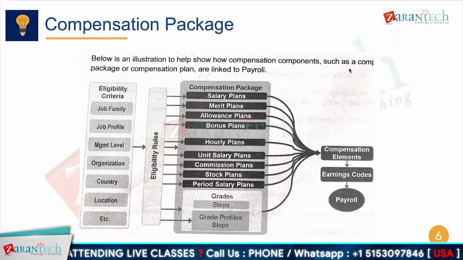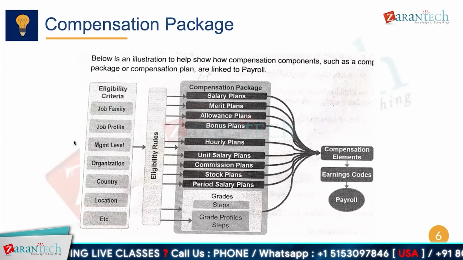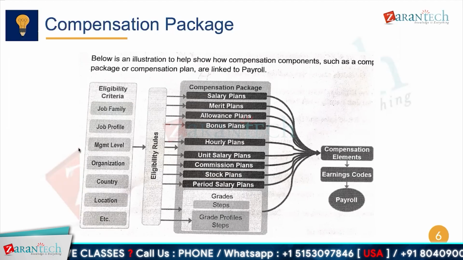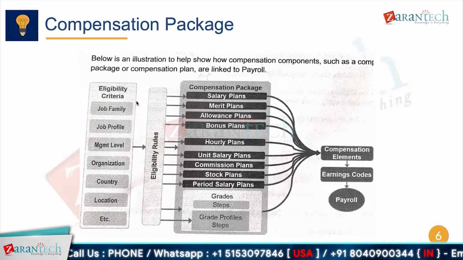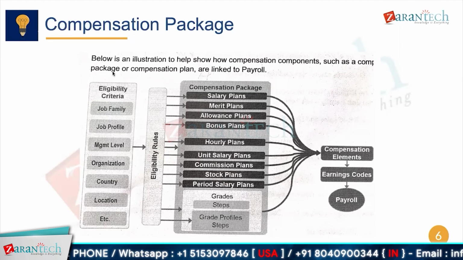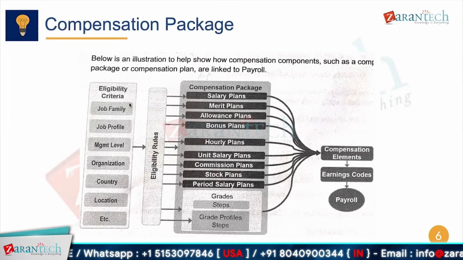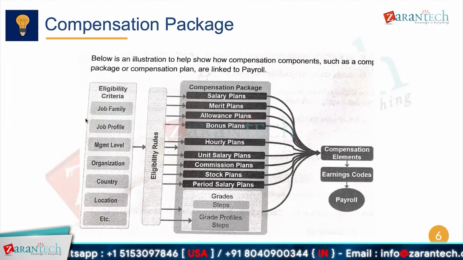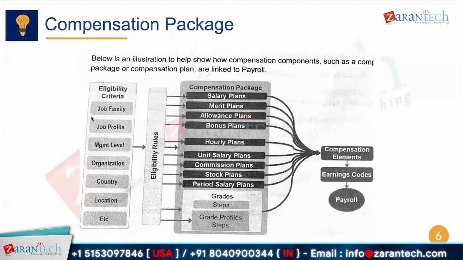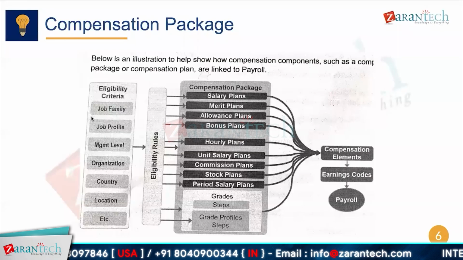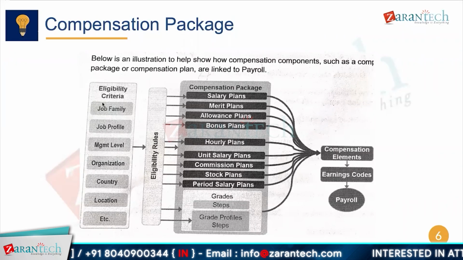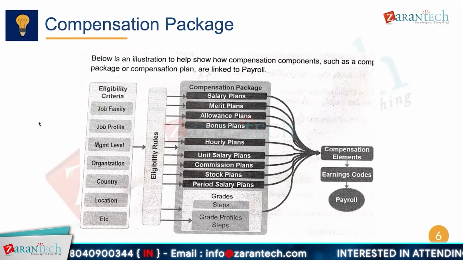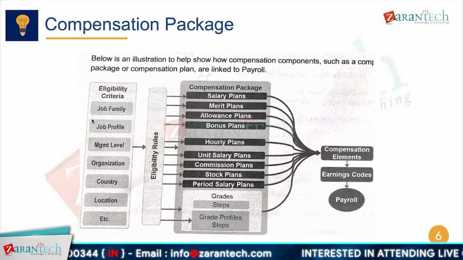it has different components. First of all, we need to see what the eligibility criteria are for any compensation package or compensation plan. We talked about job family and job catalog in our revision in the previous session, and we also discussed it in detail in our jobs and position module.